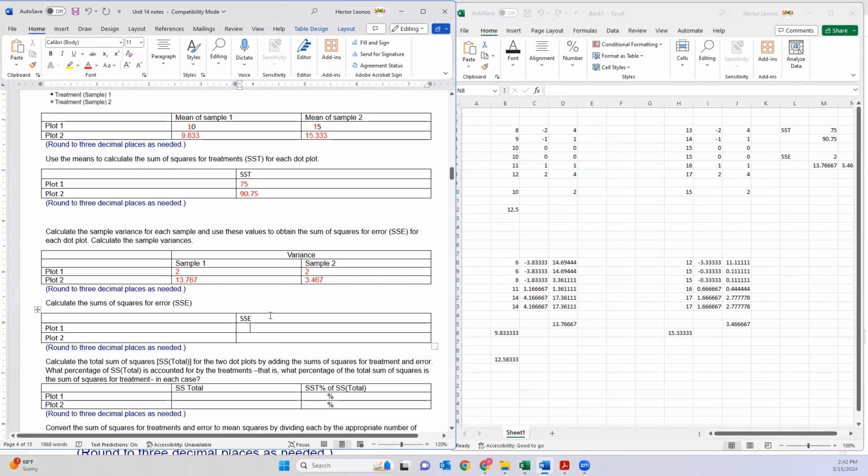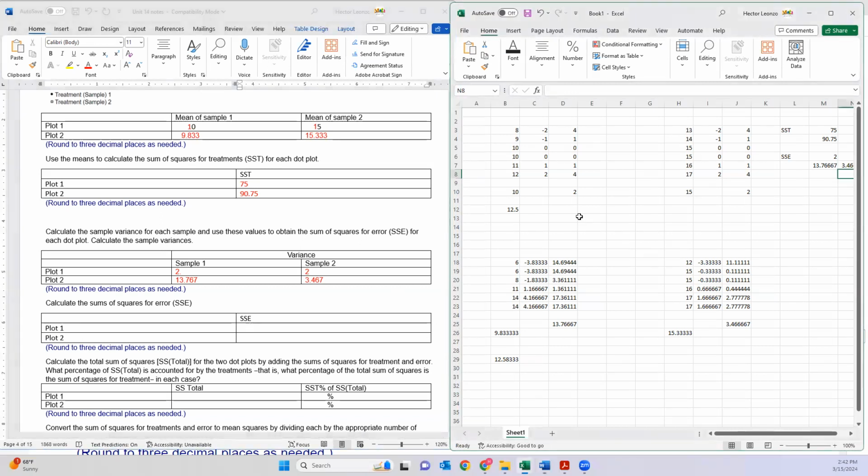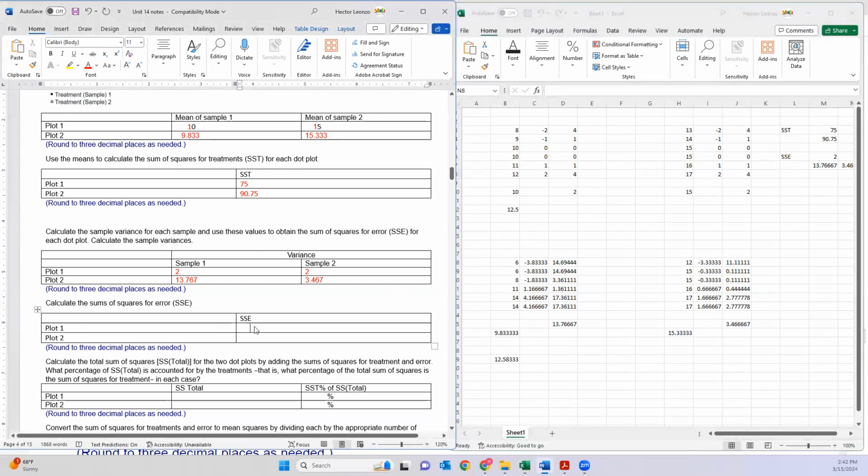Now this is how we're going to do this, okay? I'm looking at plot one. But in plot one, we have 2 errors, right? You guys see 2 and 2. I have the error for sample 1, I have the error for sample 2. Let me write down what we're going to be doing, okay?